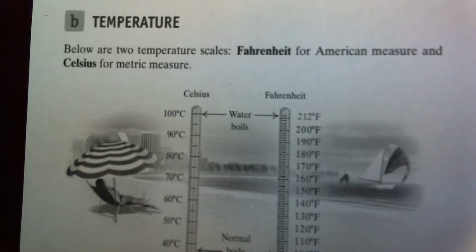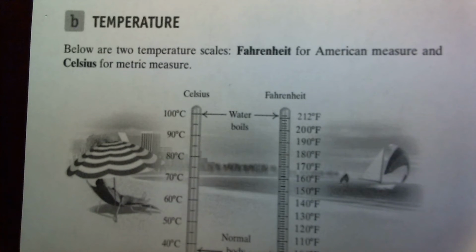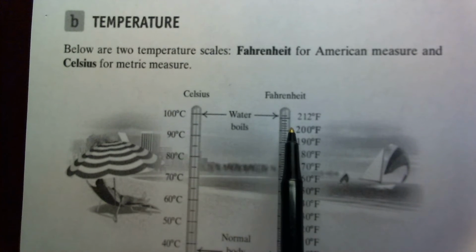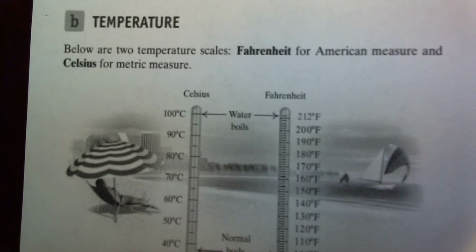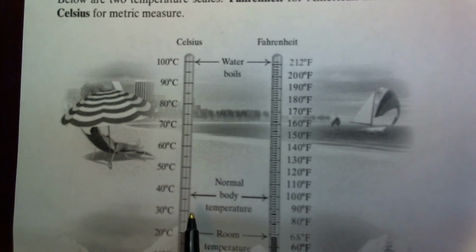Next, we'll be talking about temperature, and there are 2 basic temperature scales, Fahrenheit for American measure and Celsius for metric measure. And so here we can see that at 100 degrees Celsius, water boils, which is equal to 212 degrees Fahrenheit, and normal body temperature is about 36 degrees, about 97.6 degrees Fahrenheit.